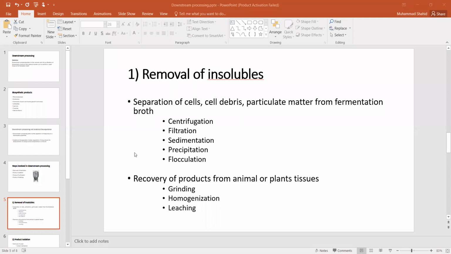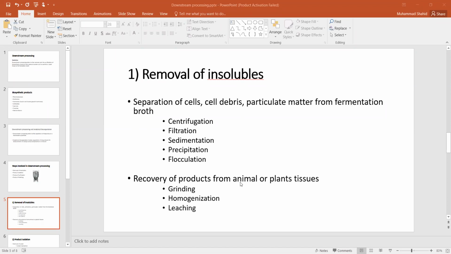Then in the second type of the removal of insolubles, we recover our product from the animals and tissues. And this type of removal of insolubles also involves some steps, like we discussed in case of the fermentation broth.